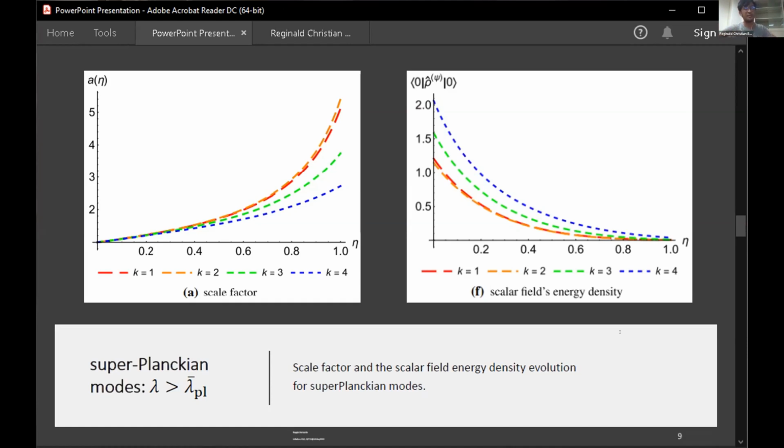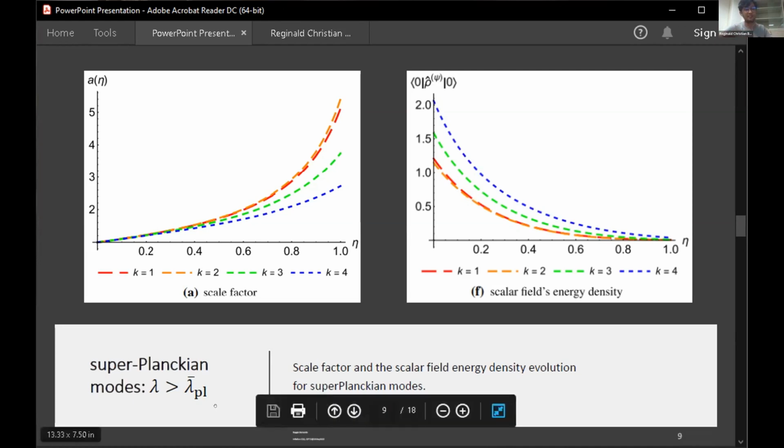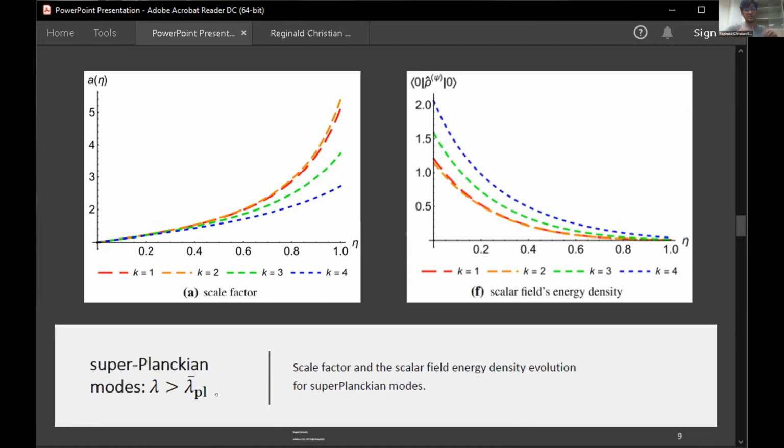This slide is showing the results for what I am referring to as the super-Planckian modes, which practically just means the wavelengths greater than some Planckian value of the wavelength. It's not the Planck wavelength, but it's of the order of the Planck wavelength, one that you can construct with the fundamental constants that we have.